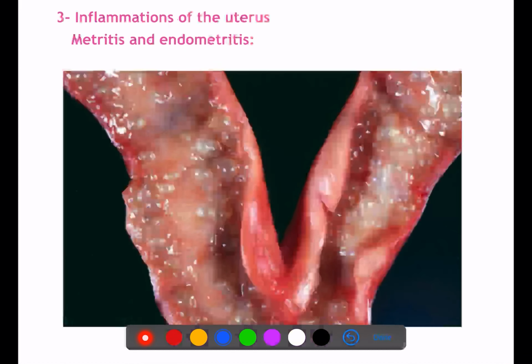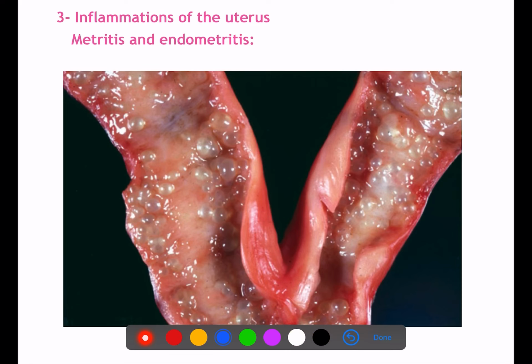The inflammation of the uterus: of the myometrium is called metritis, of the endometrium endometritis, and usually both are combined, metritis and endometritis, usually due to bacterial infection.